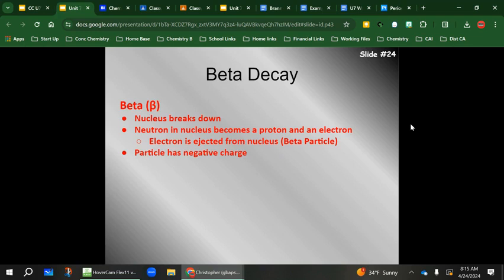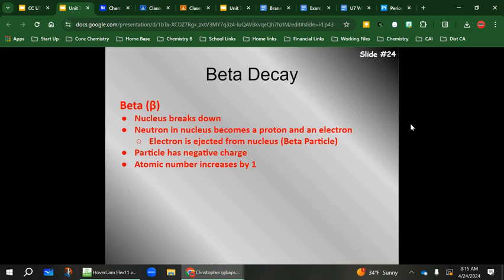So what happens to the number of protons in the nucleus during this reaction? It increases by 1. The atomic number actually goes up by 1 instead of down by 2.